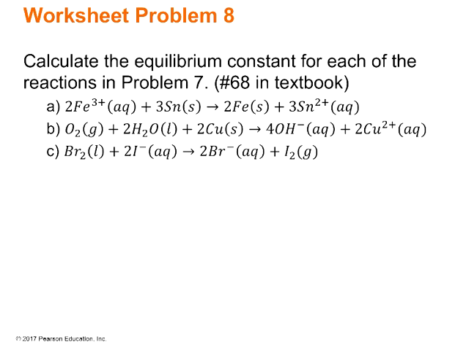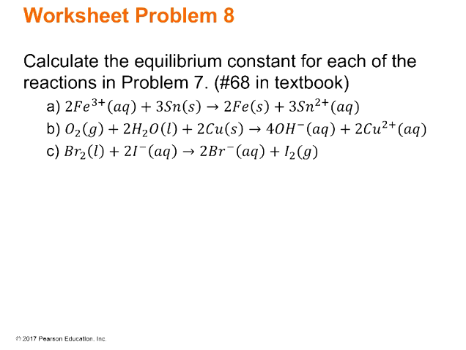Okay, so now let's calculate the equilibrium constant for each of the reactions in problem 7. So what we'll do is go over part A together, and then you can work on parts B and C on your own.